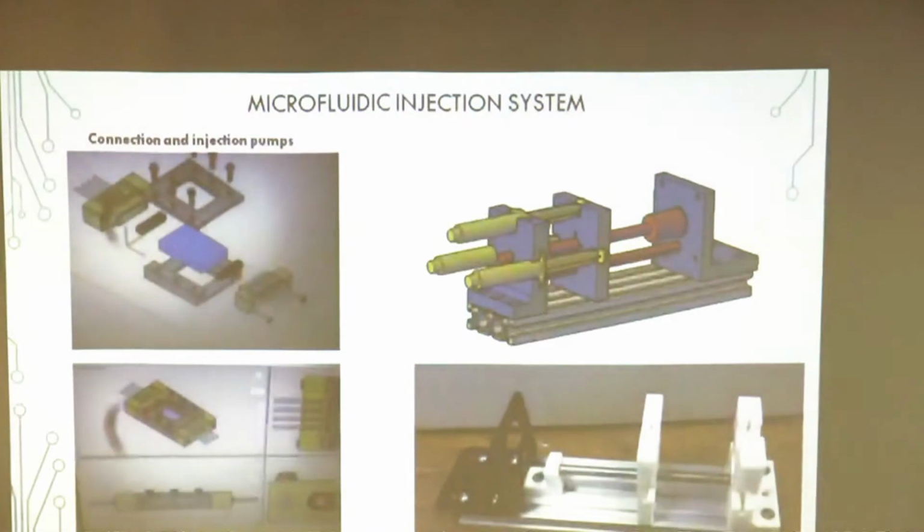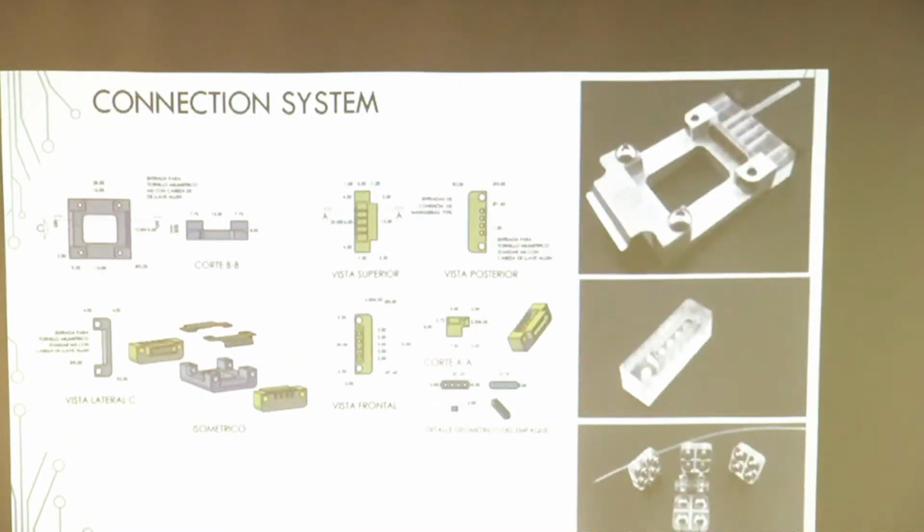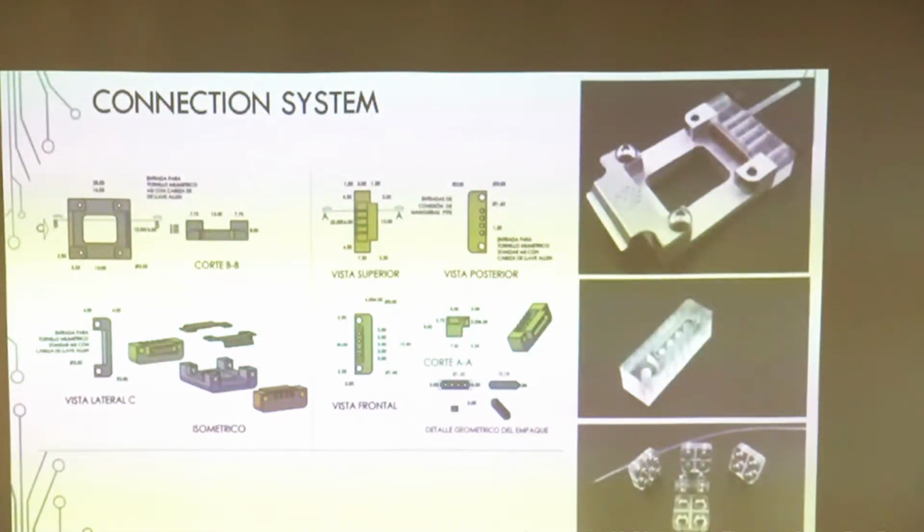After the simulation, we start to implement this in a system that we could use to perform this physical phenomenon in a microchip, also called lab on a chip. We use a chip that was developed here with photolithography here in Cesar, and we use some pumps made by us with some 3D printing parts and some parts that we developed to connect the pumps with the chip.